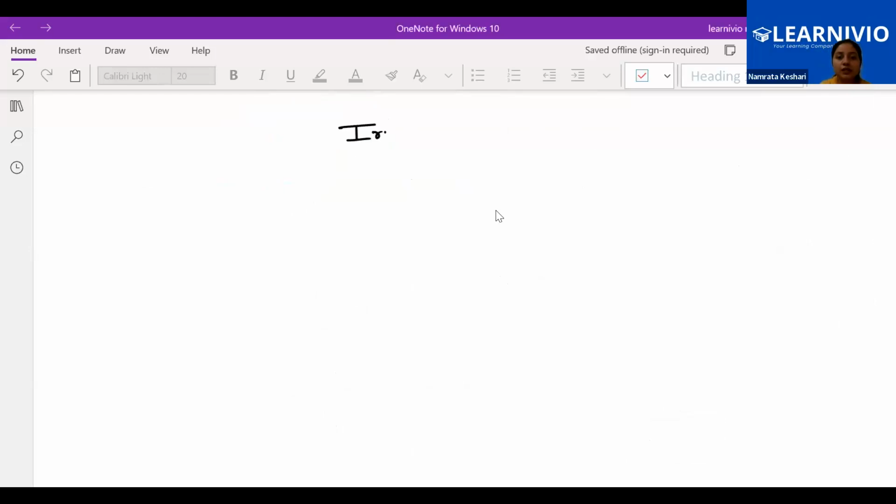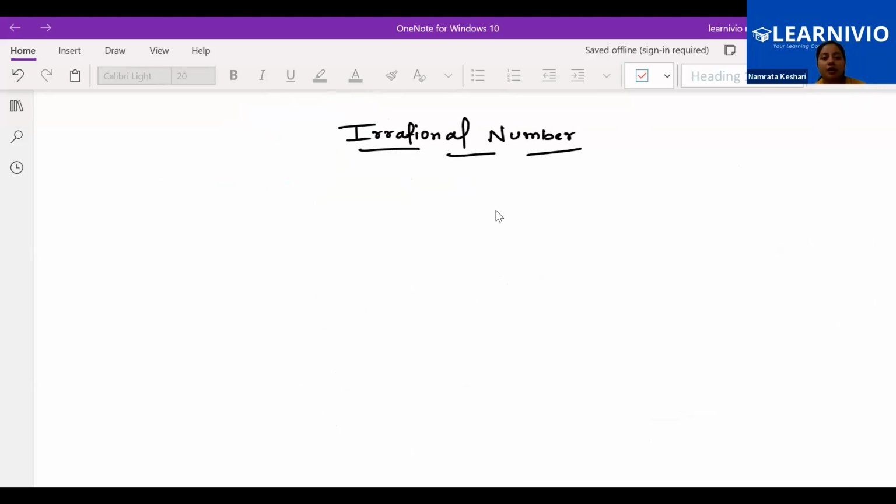We are going to take irrational numbers. Now, when we started the discussion of terminating decimal numbers and non-terminating decimal numbers, that day only we discussed what an irrational number is.